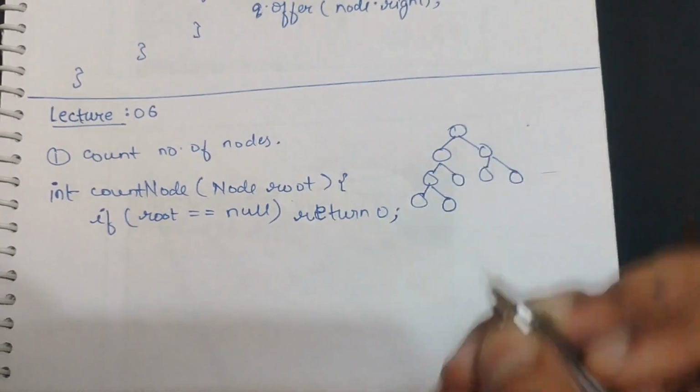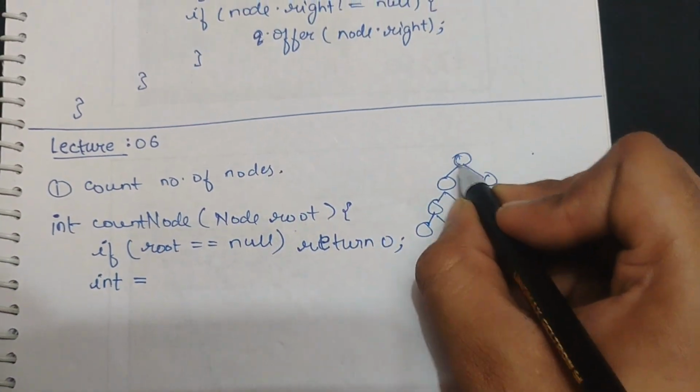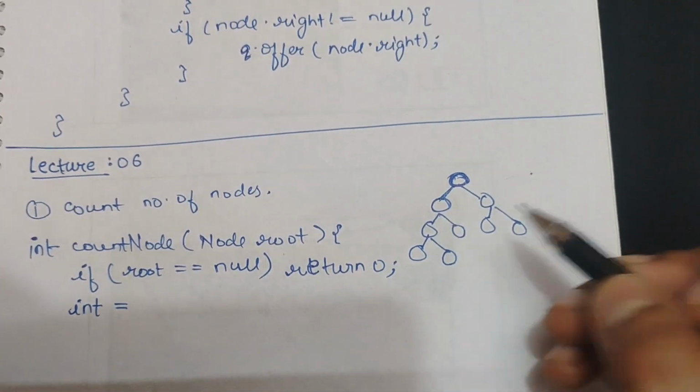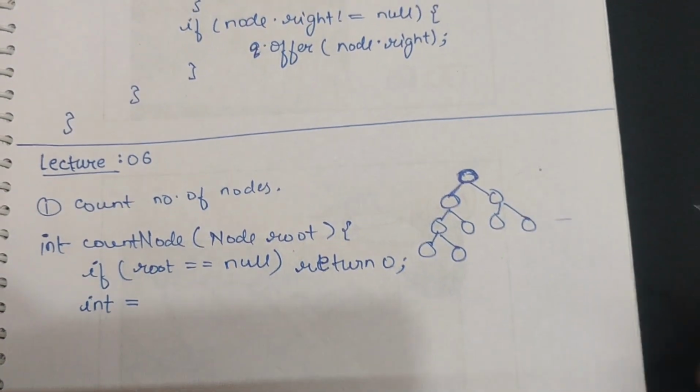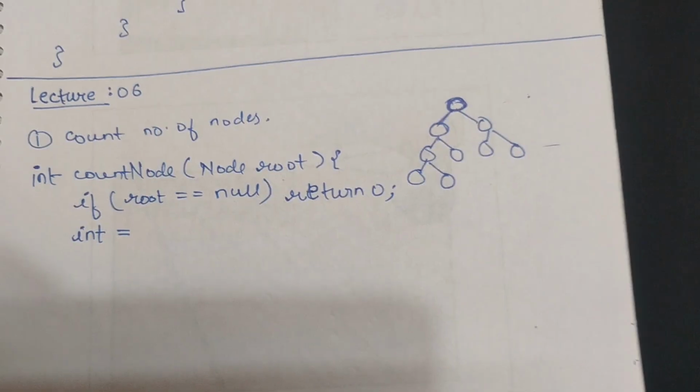Now, for this particular node, what to do? First break it down into something simple. If I say count the total number of nodes, it sounds like a very heavy task.